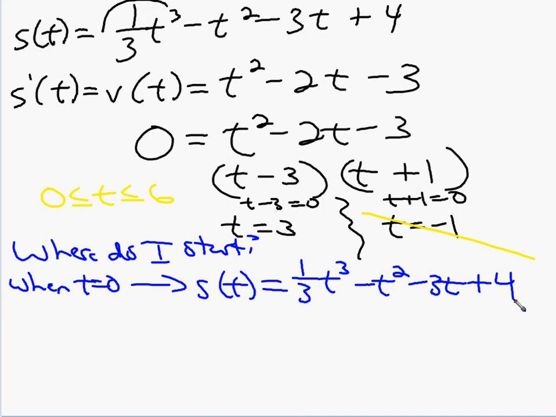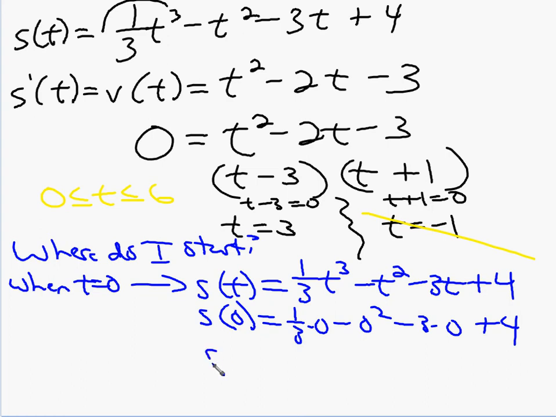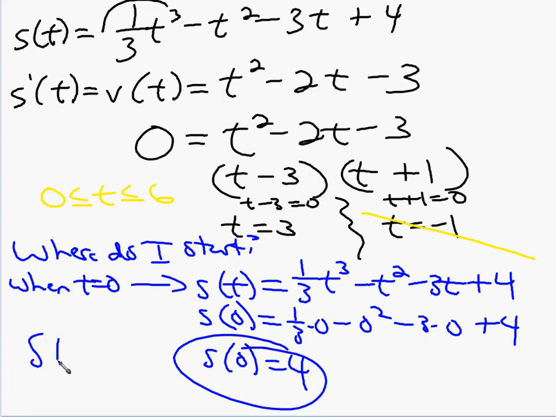Let's plug in 0. S of 0 is going to be 0, and this is going to be 0, and this is going to be 0 plus 4. So it looks to me like my starting point is 4. This is where I start. My location is 4. Okay?